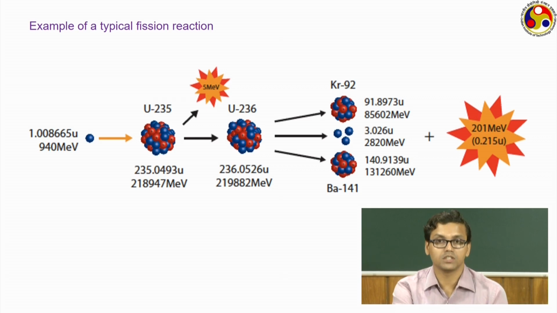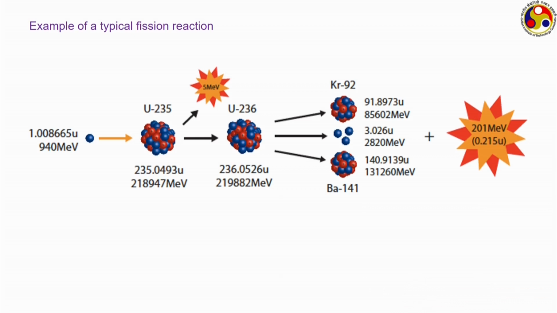This U-236 is generally a very unstable nucleus, so it further goes through a fission reaction where it gets broken into two smaller components. One is krypton having a mass number of 92, the other is barium having a mass number of 141. You can see the first stage of the reaction corresponds to a mass defect of 0.005365.